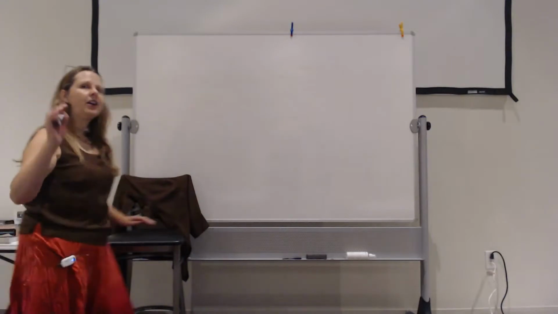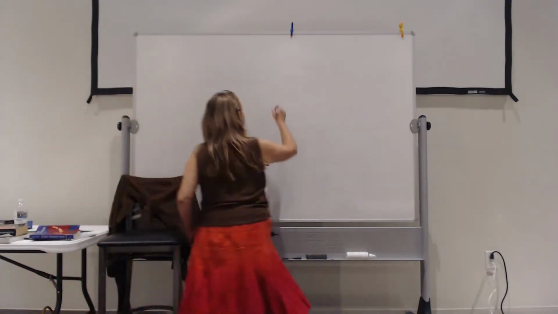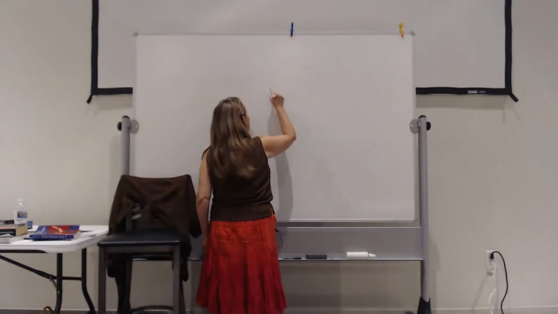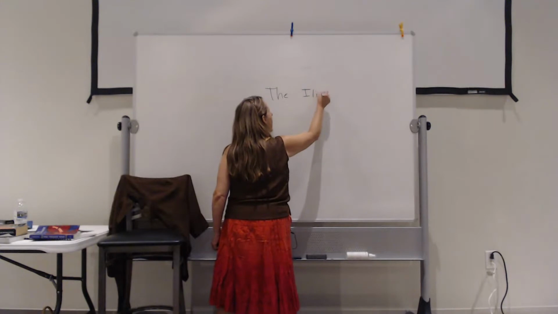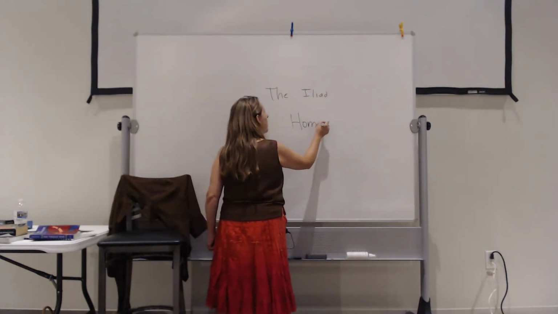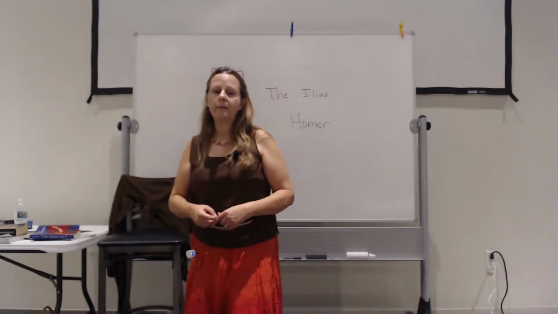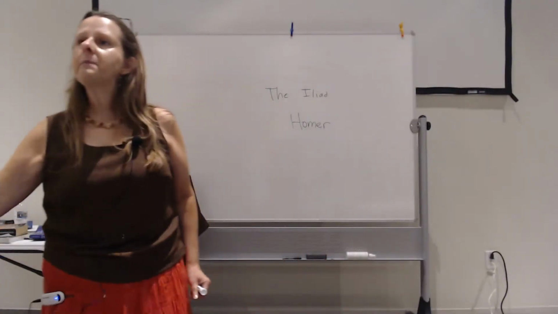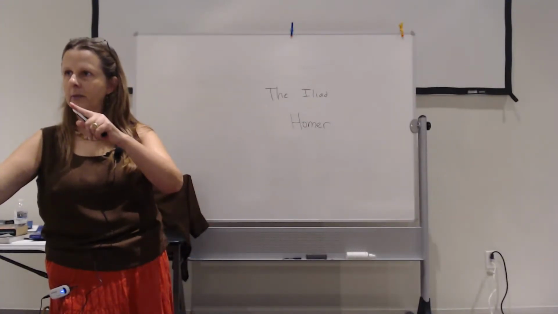So there is a famous poem. You don't have to write this down, okay? It's called the Iliad. And it is by a poet named Homer, about whom we know almost nothing. It's a very long poem. And this poem is part 3 of this book you're about to read next week.